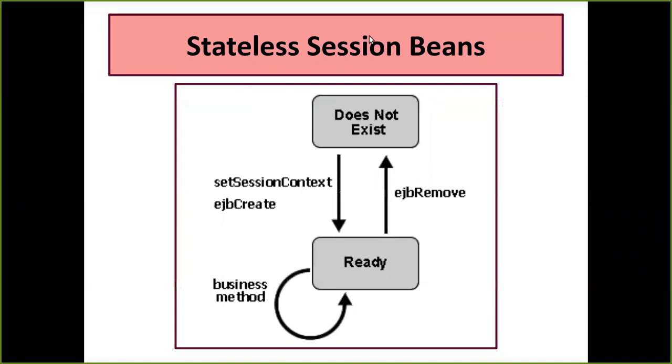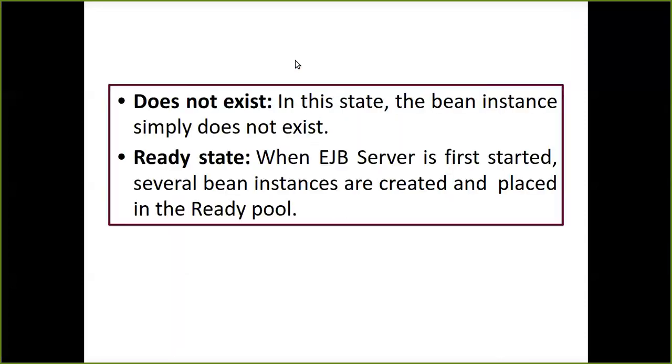Now the next type is your stateless session bean. You have only two steps over here: one is does not exist and one is the ready state. Does not exist means it checks whether the bean instance has been created or not. If it does not exist, only then does it go to the ready state where the business logic is written, executes that, and then removes the object again, not maintaining any type of state.